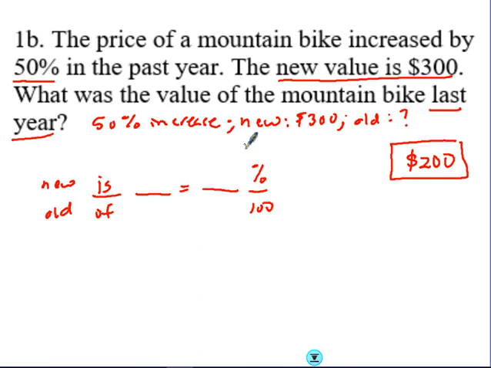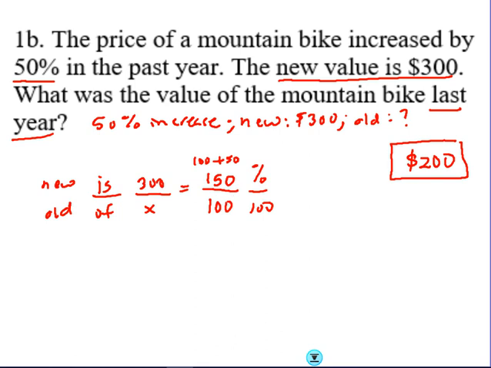The new value is $300. The old value is what we don't know. Since the bike increased by 50% last year, it will be 100% from the previous year plus another 50% for this year, which would be 150%. And 150% is always going to be compared to 100, obviously.